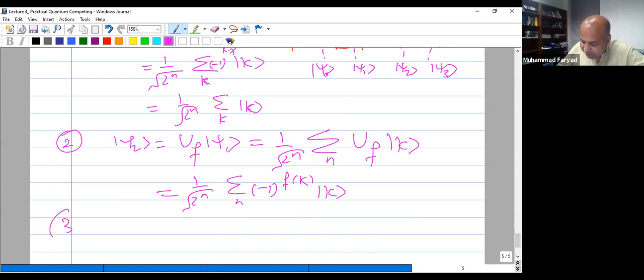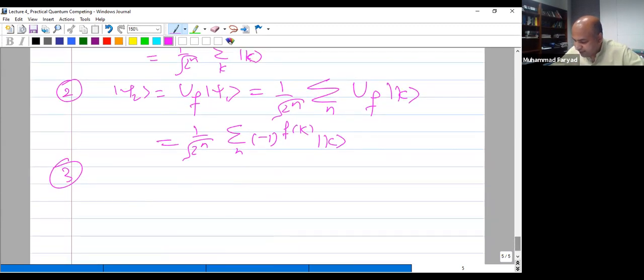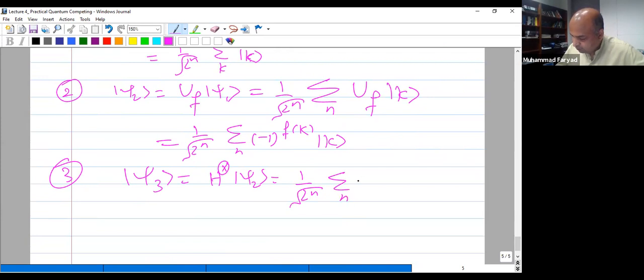Now let's see what happens after another Hadamard. We have a Hadamard right after the oracle. Let's recall the formula that we have already worked out. This is going to be 1 over 2^(n/2), sum over k of (-1)^f(k), and the Hadamard acts on this state.